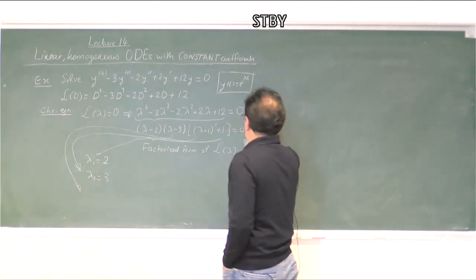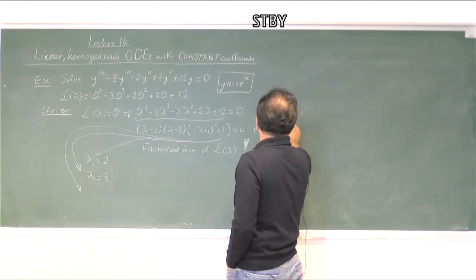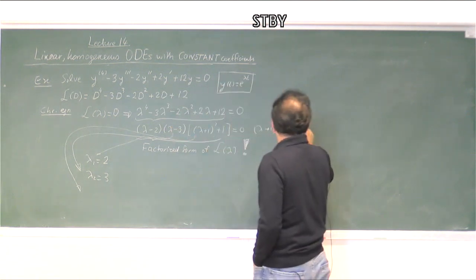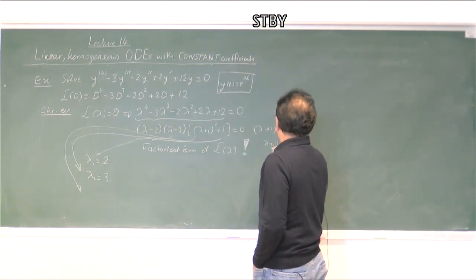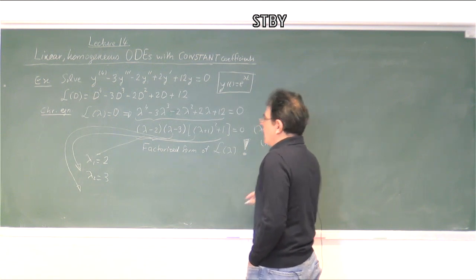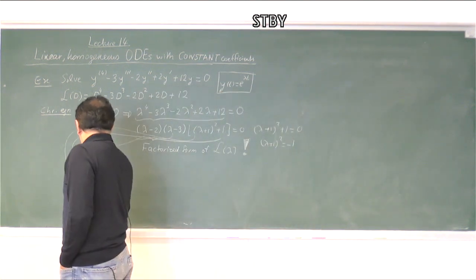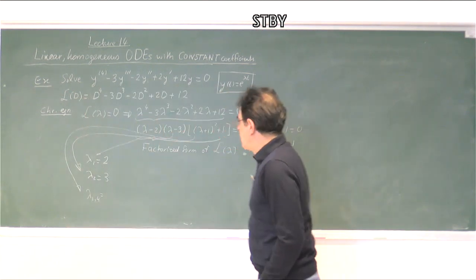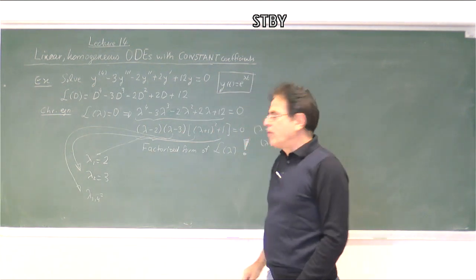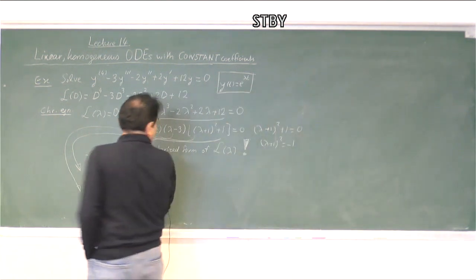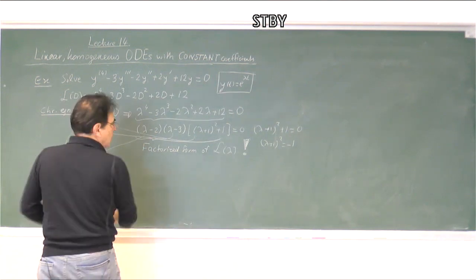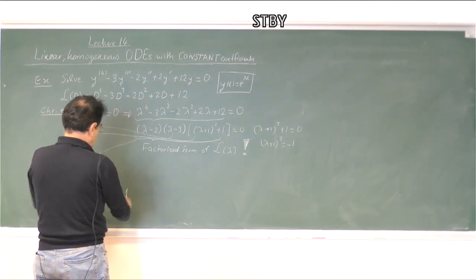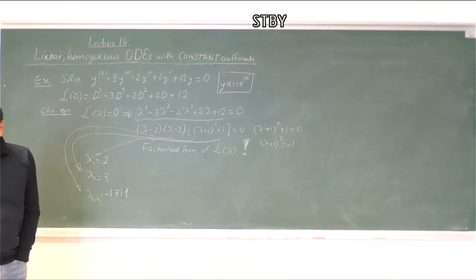As you see, (lambda plus 1)^2 plus 1. When the last factor is equated to 0, we have (lambda plus 1)^2 which is minus 1. And therefore, the third and the fourth roots are a pair of complex roots with real part minus 1 and imaginary part 1. Good?